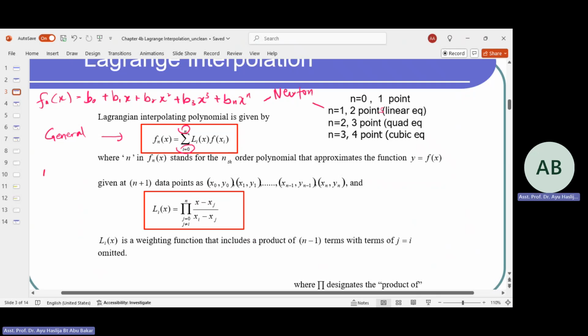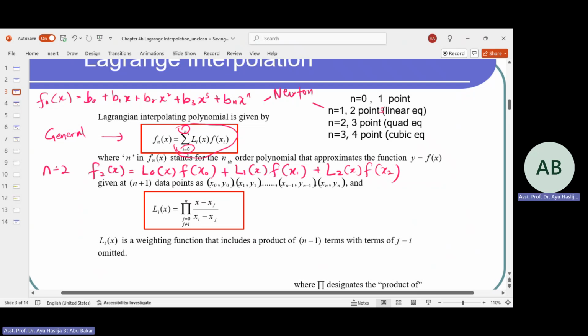So expand: F2(x) equals L0(x) F(x0), L1(x) F(x1), until n equals 2, L2(x) F(x2).